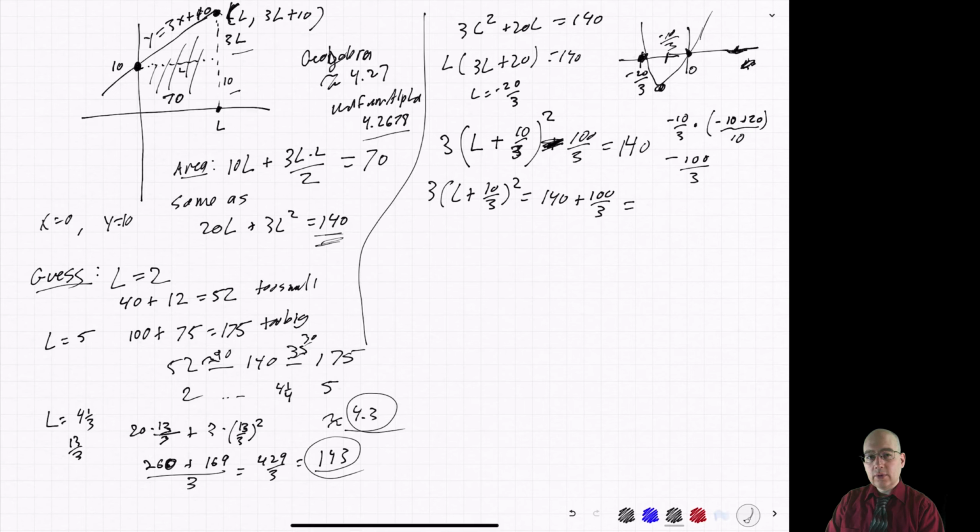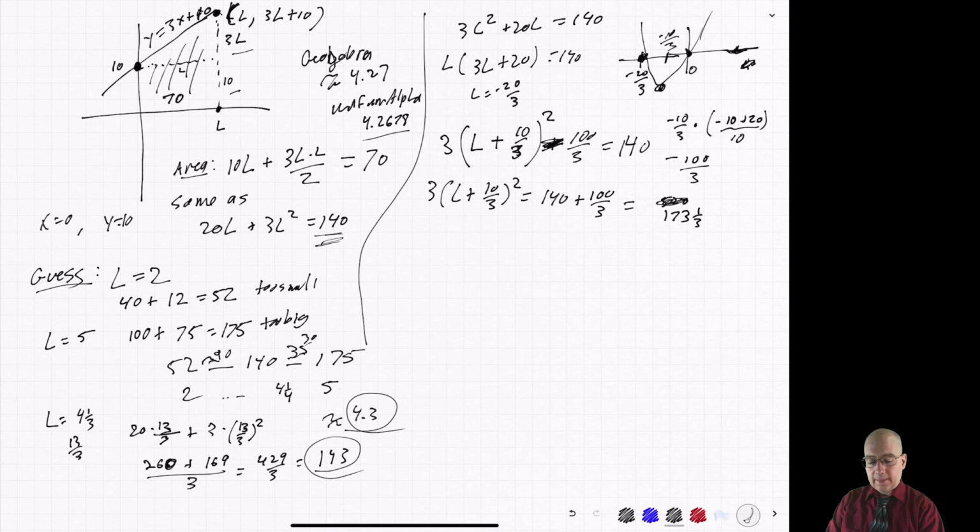For 300, 420. Well, what do I want to do here? I guess I'd probably want to do, 3 into 99 is 33, so it's 173 and a third. I don't know. What's the best form?